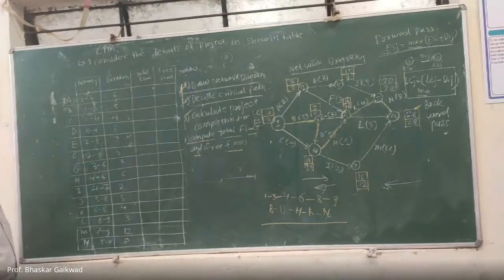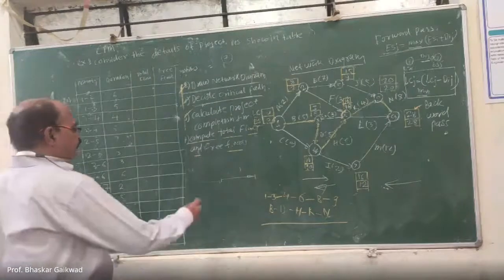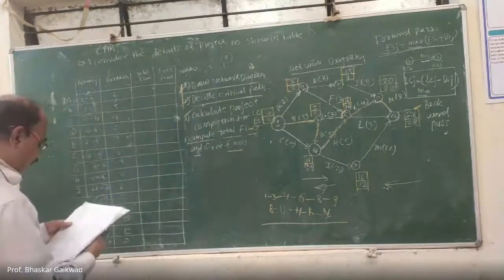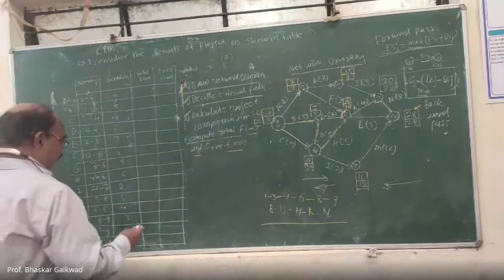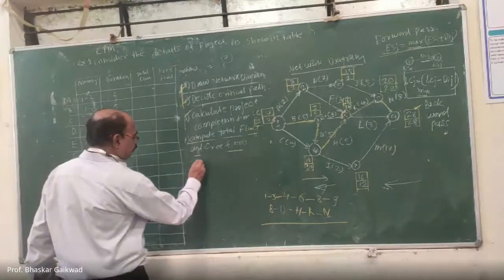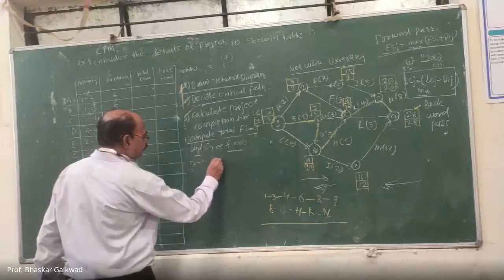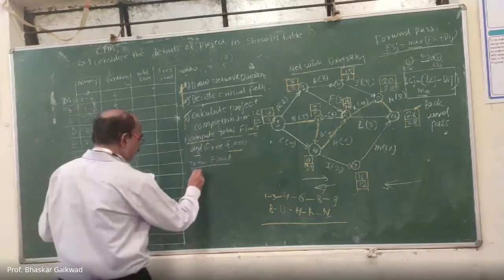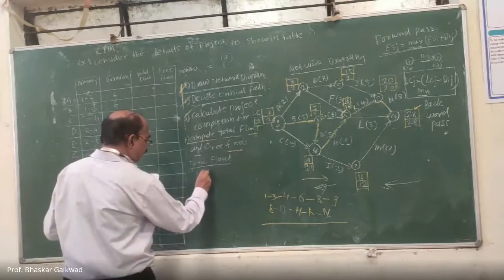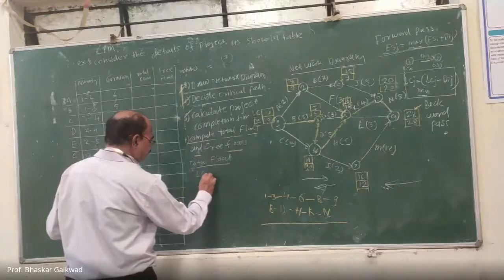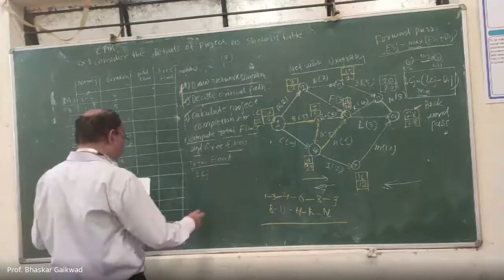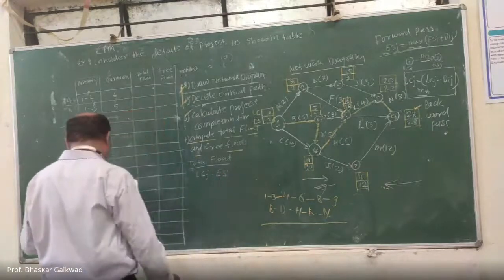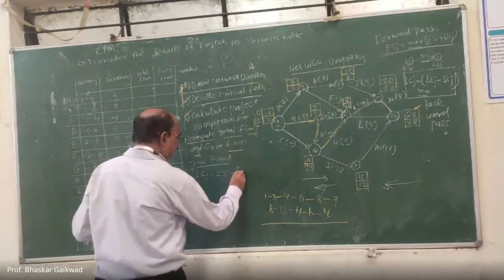Okay. Now we have to calculate the free float and total float. For total float, this formula you have to use: the latest completion time of J, meaning head, minus the earliest start time of I, meaning tail, minus the duration of that activity.